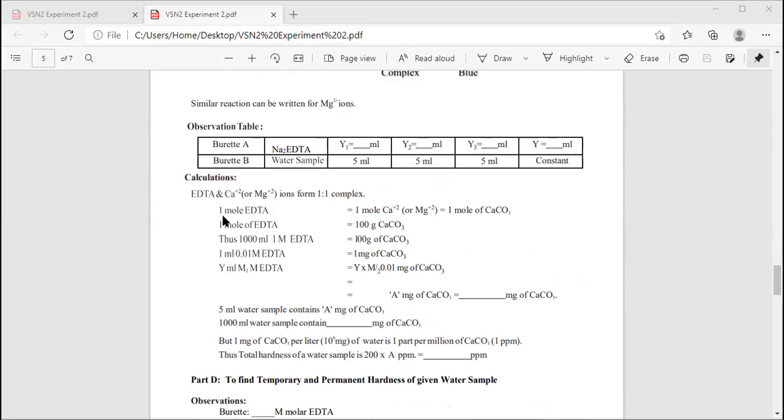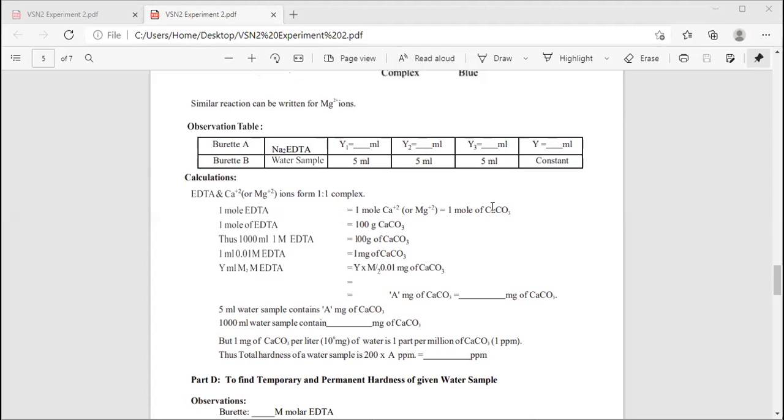This is the relation. You will ask me from where it is. It is the reactivity coefficient. It is available in the literature, practically proven. So it is observed that 1 mole of EDTA is in reactivity equal to 1 mole of Ca+2 or Mg+2, CaCO3 equivalent hardness, which is equal to 1 mole of CaCO3 equivalent hardness. 1 mole of EDTA is 1 mole of CaCO3.